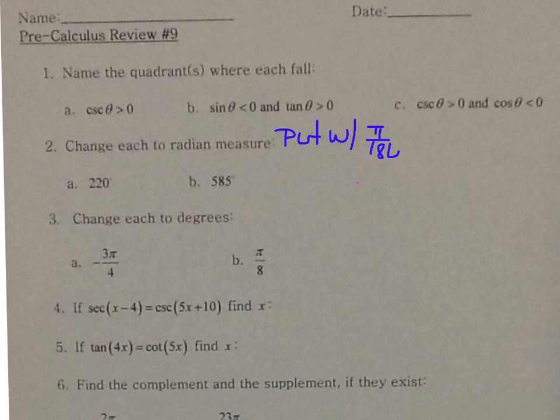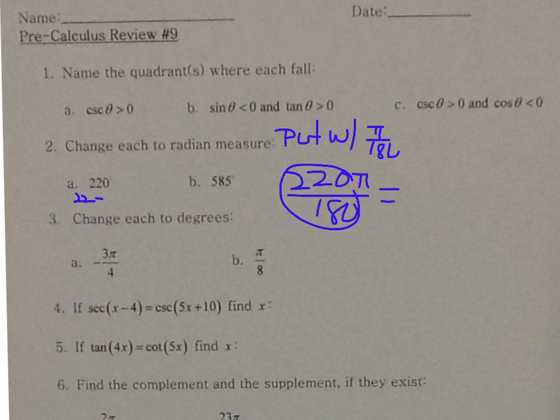All right, so 220 degrees would be 220 pi divided by 180. And then in your calculator, you're going to put 220 divided by 180, reduce it, and you get 11 pi over 9.